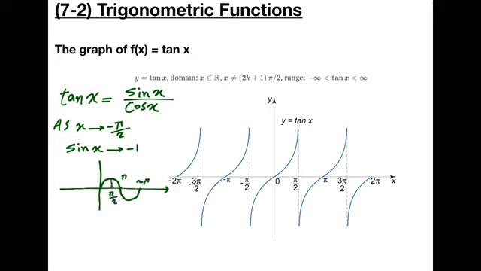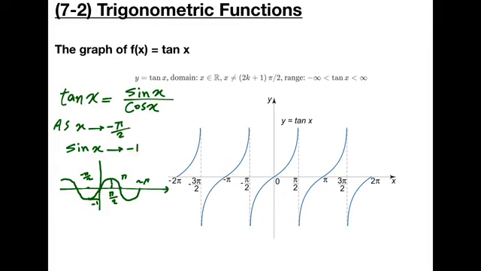But on the left side of the graph, it goes down like this, then comes up, and then continues. So at this point over here is negative pi half, where you see the function takes on the value of negative 1. So as x tends to negative pi half, the sine function decreases to negative 1. Okay, and that's what we had before. So sine x approaches negative 1.